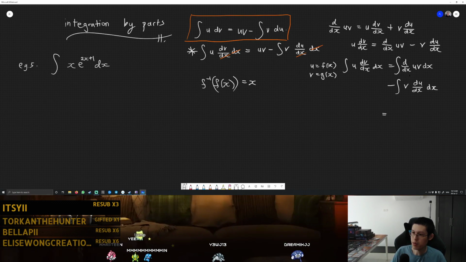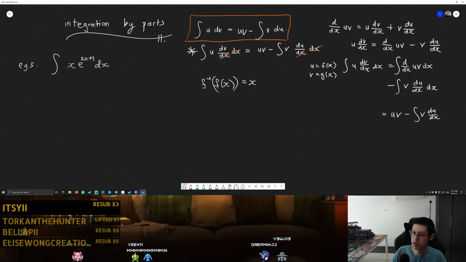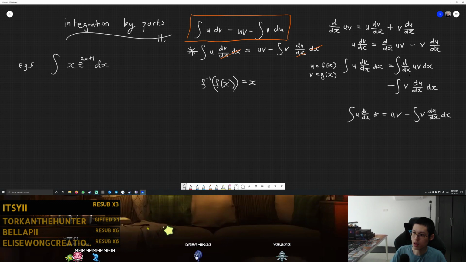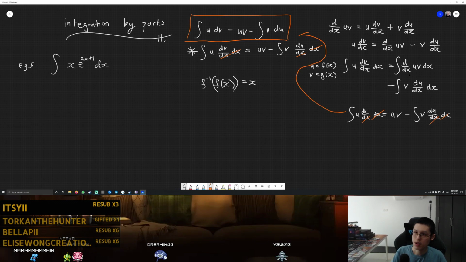You end up with uv minus the integral of v du/dx dx, which equals the integral of u dv/dx dx. We can cancel out the dx's, and you end up with the formula for integration by parts.